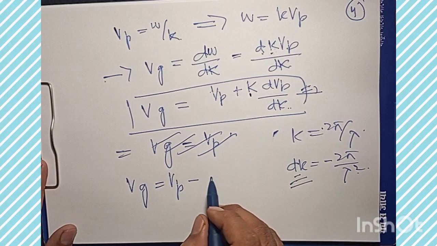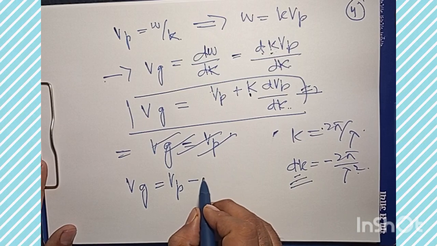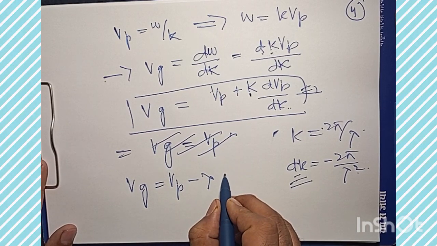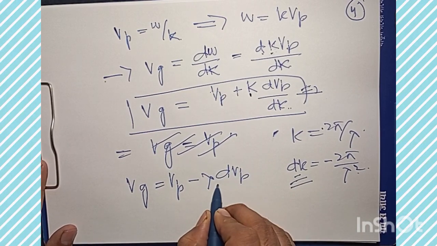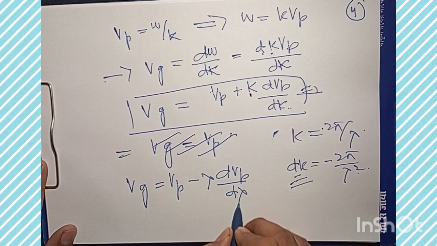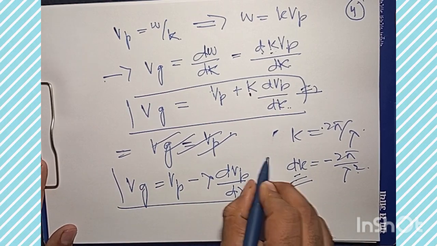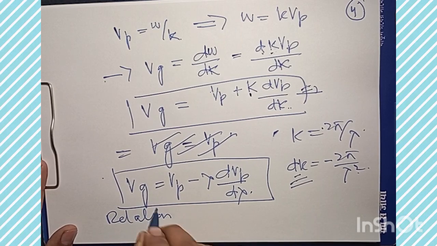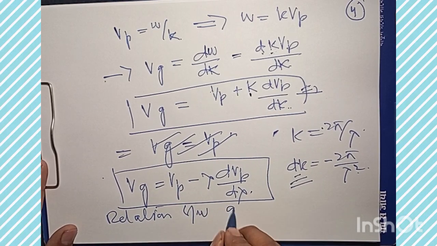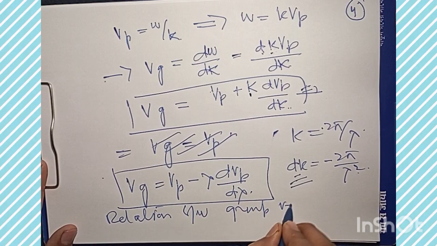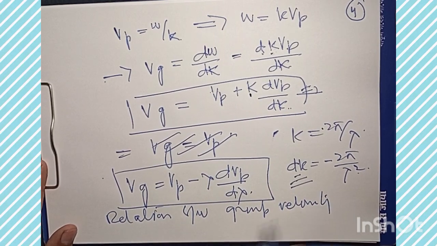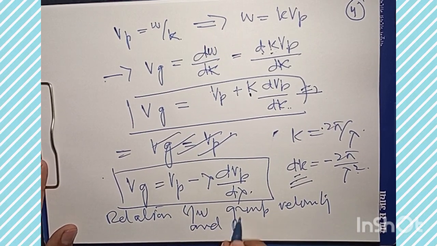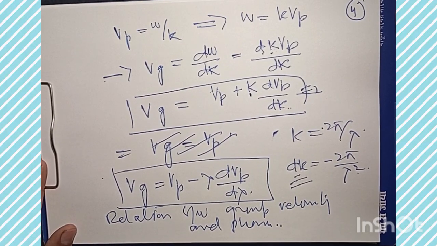You can do it in a very trivial way, and we will get minus lambda dvp by d lambda. So this equation is giving us the relation between group velocity and phase velocity. The thing should be clear up to now.